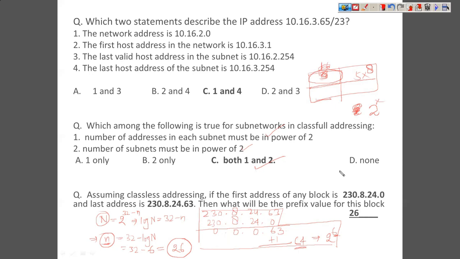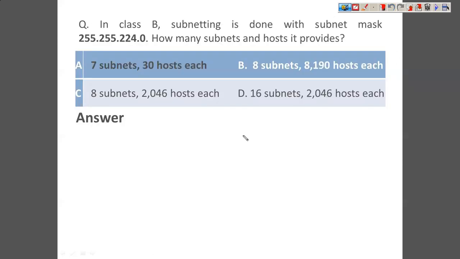Okay, moving to the next question. In class B, subnetting is done with subnet mask 255.255.224, how many subnets and hosts does it provide? So class B means this is 16 plus 16. 16 is the network bits, and this is the host bits.